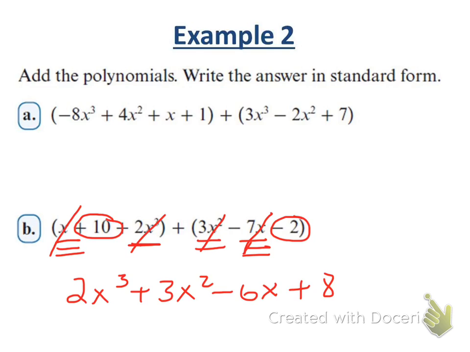What's the degree of this polynomial? 3. Third degree polynomial. What's the coefficient of the first degree term? Negative 6. 2 is the leading coefficient. I thought first degree was like from left to right. Yeah, this is our 0 degree term, first degree term, second degree term, third degree term. Okay? So the constant is 8.